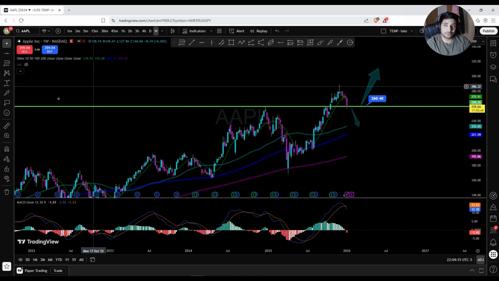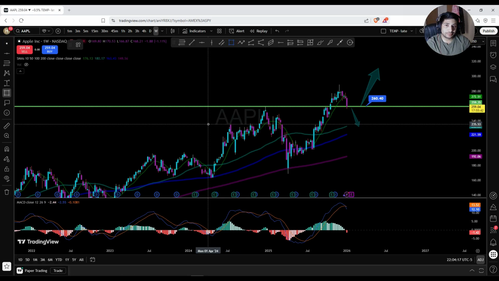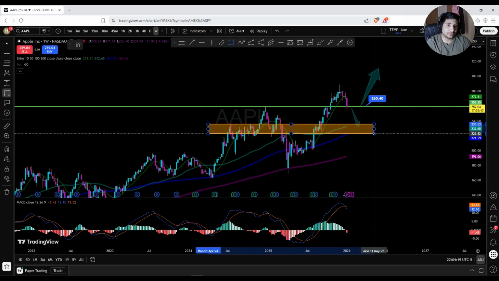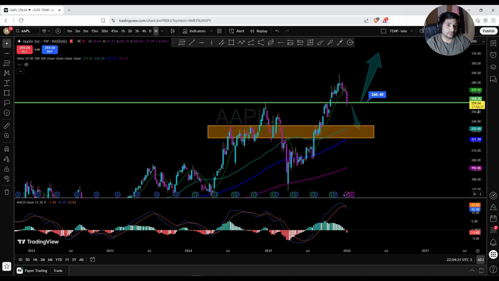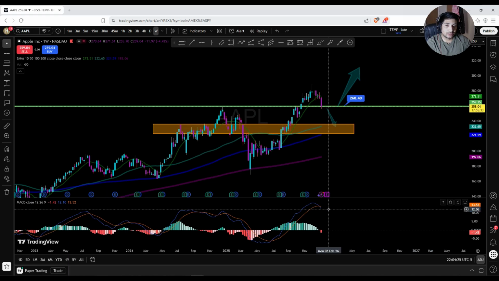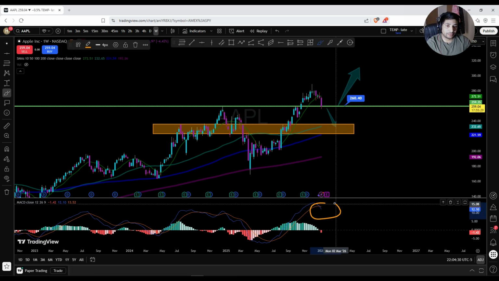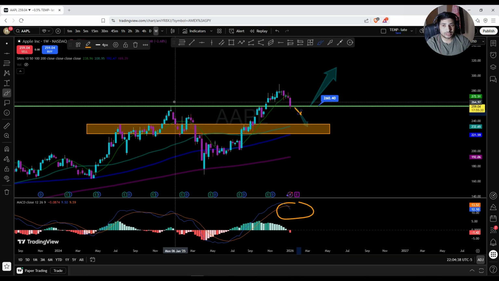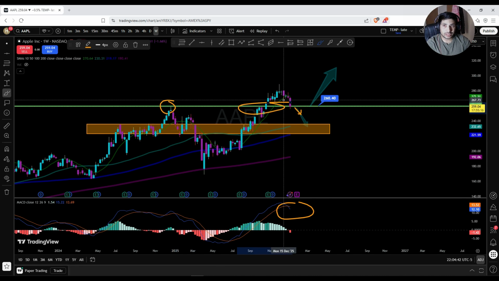But I am very positive it's not going to break down, because Apple has never broken down below the 100 moving average and 200 moving average. But we'll see in future how the MACD reacts after it breaks down into the 200 moving average on the daily, or at least on this support point on the Apple daily chart.